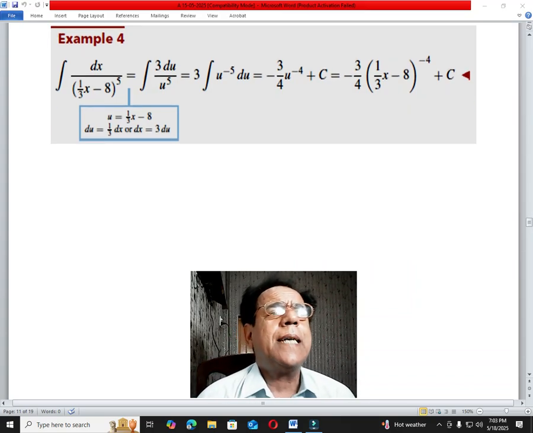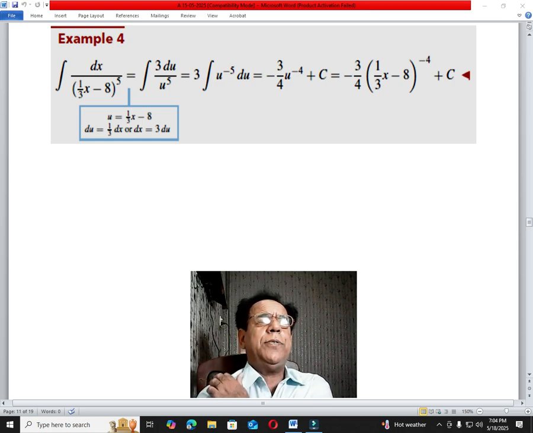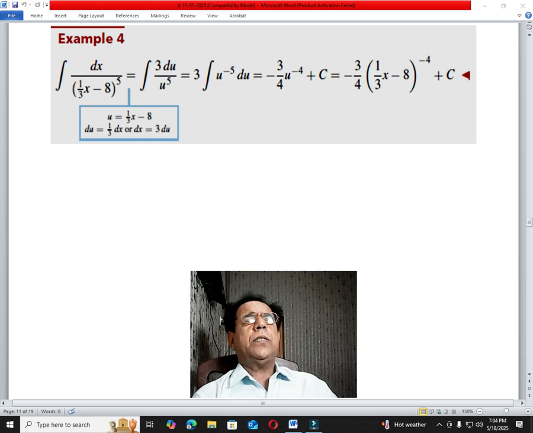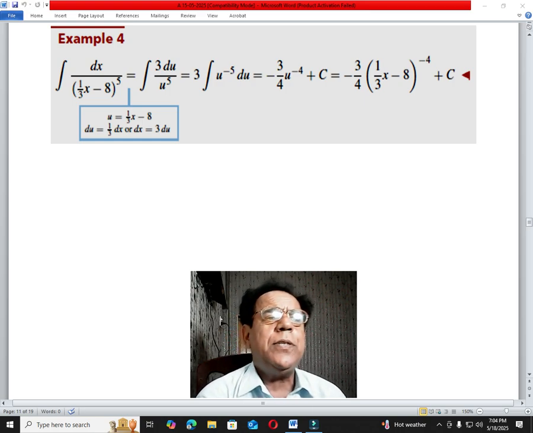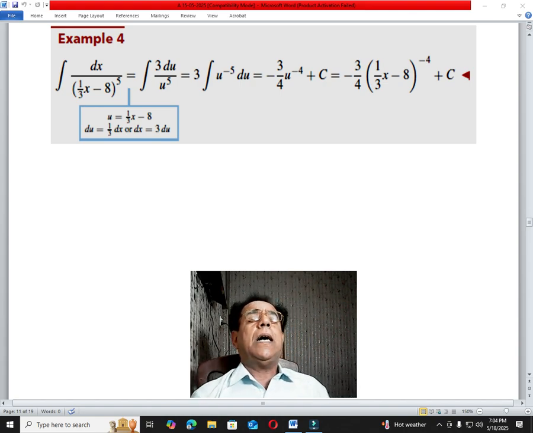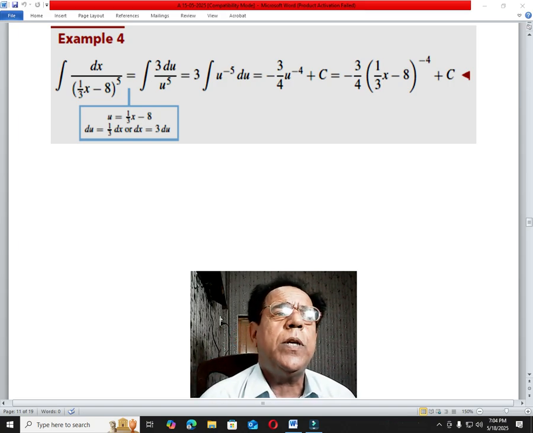Now in the next example we will substitute 1 by 3x minus 8 by u, then we will find du by dx, then dx will be equal to 3 du. So in place of dx we will use 3 du, and in place of 1 by 3x minus 8 we will use u. So our given statement will be reshaped as integration 3 du by u raised to power 5.